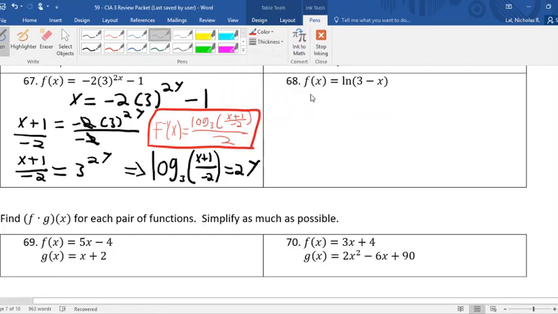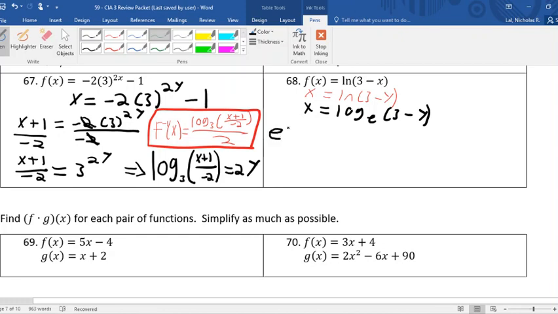For 68, x is equal to the ln of 3 minus y. Now remember, x is equal to the log base e of 3 minus y. So we can do our swoosh.